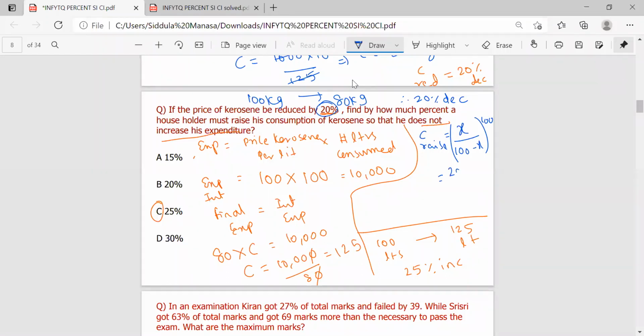That means the x value will be 20. 100 minus 20 will become 80, followed by 100 multiplication. Ones are fours are. 100 by 4 will become what? 25%. So how much do you need to increase consumption? 25% consumption you need to increase in order to meet the same expenditure.